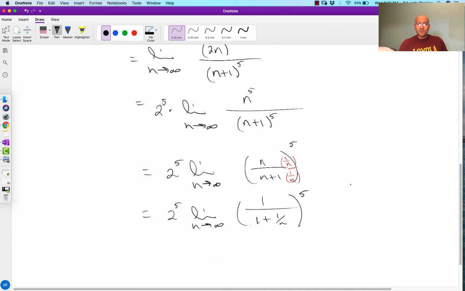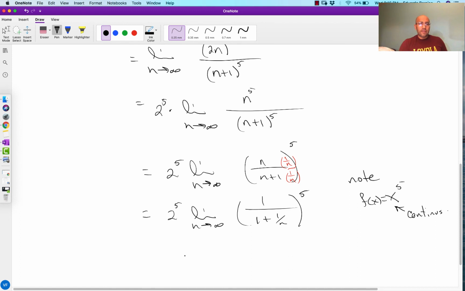And note that x to the 5th power, this function is continuous. Then we can interchange the order here.